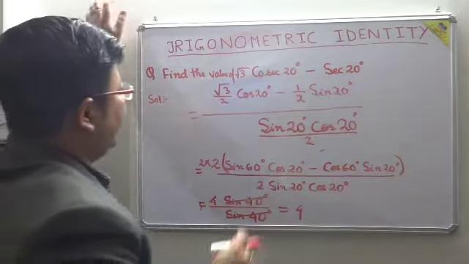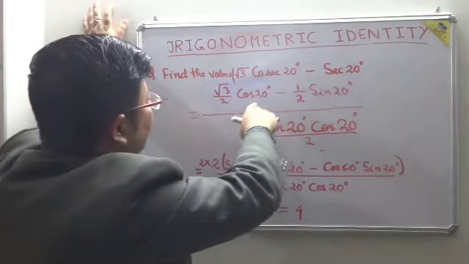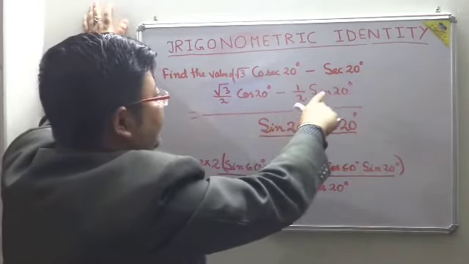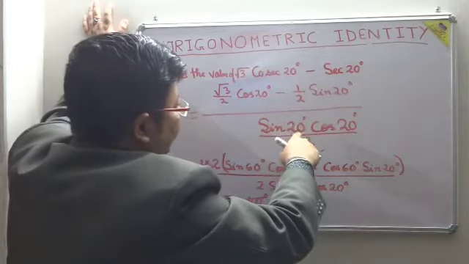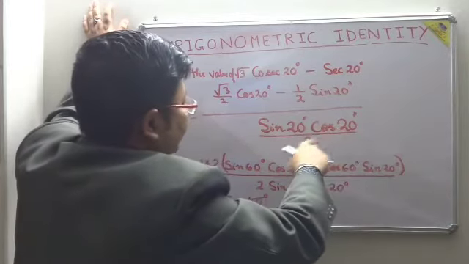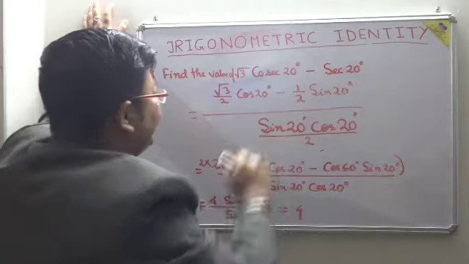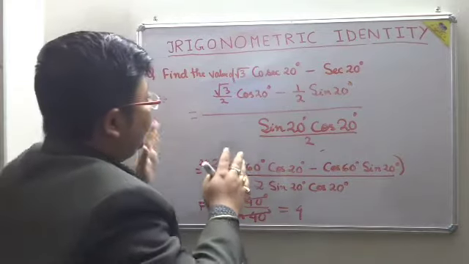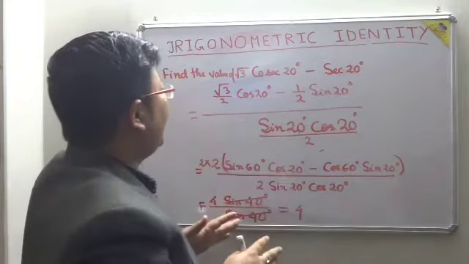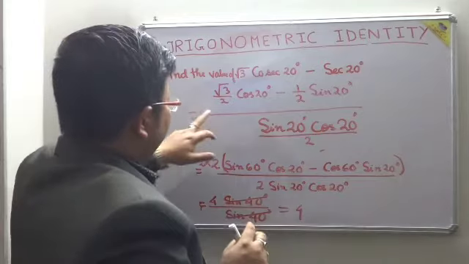See, I have got this line: root 3 by 2 cos 20 degree minus half sin 20 degree, divided by sin 20 degree cos 20 degree divided by 2. I have done this step because I want to put all this in a formula.